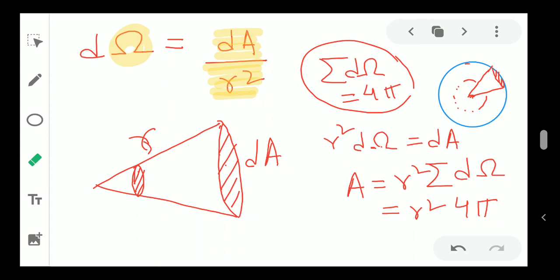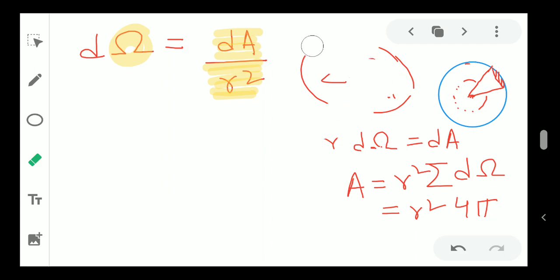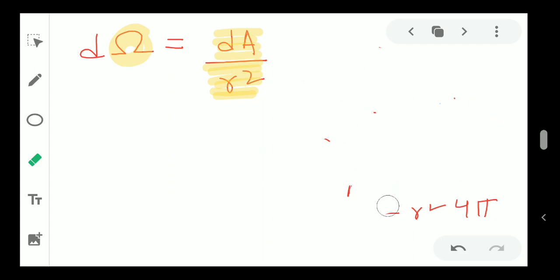If we have to define what is solid angle, how to give the definition? There is a very nice way of giving the definition. You can see the formula here, d omega is dA by r square. Now if r equals 1, that means the distance I have taken is 1, so d omega is my dA.